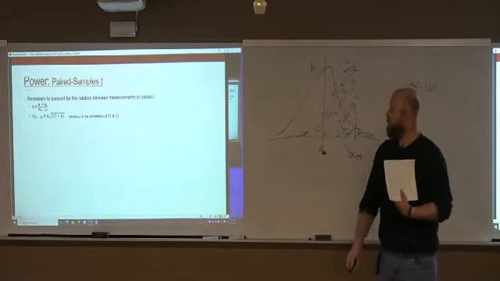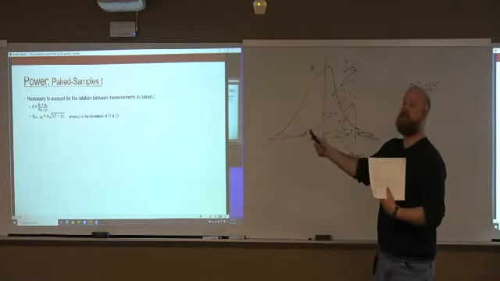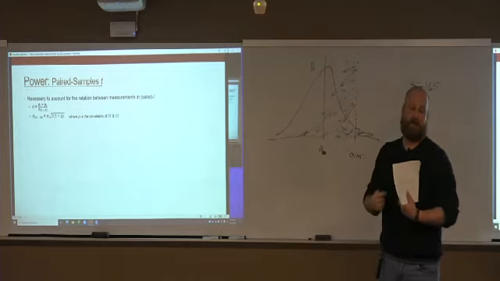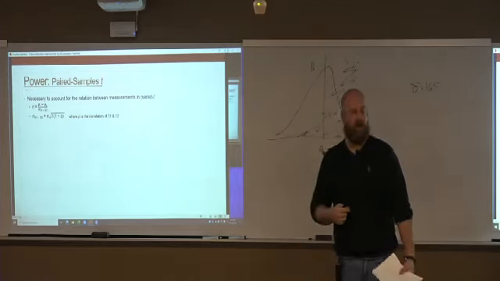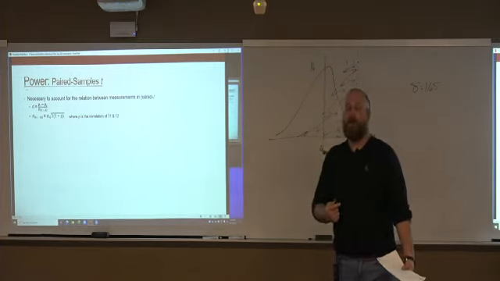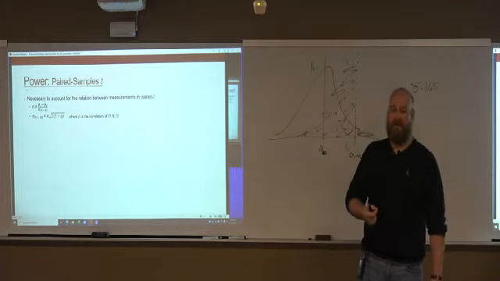So we have to calculate a special effect size for paired sample tests. For an independent sample, we just calculated the effect size that we normally calculate.